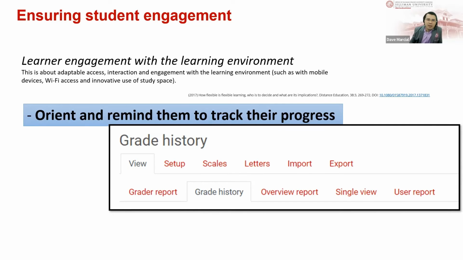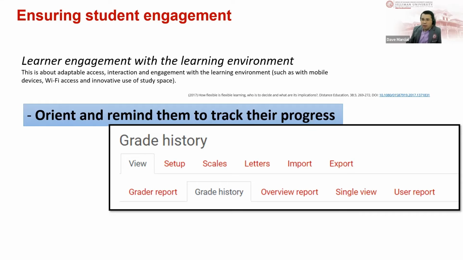This is what Ma'am In mentioned earlier: if you don't enable your activity completion, you can't track. And if you don't enable your grade book, you also can't track. So you should set that up. As in my earlier example, what if out of 10 activities, only three have been performed? Then you quickly send an email, so that at the end of the sem you are not accused of not reminding the students.